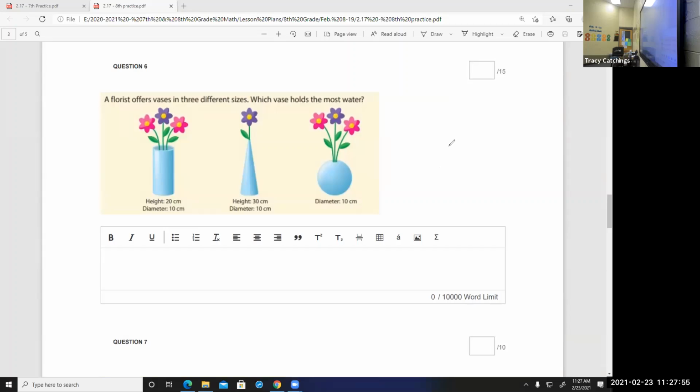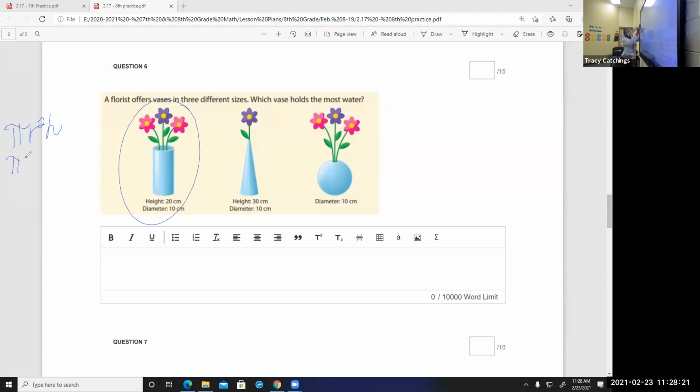All right, they said Flores offers vases in 3 different sizes. Which vase holds the most water? Which one y'all want to look at first? Okay, so the cylinder is the one that's simple, pi r squared h.